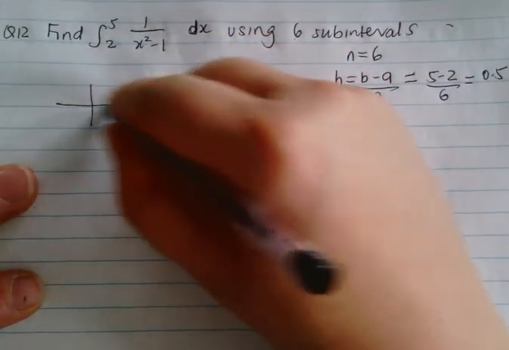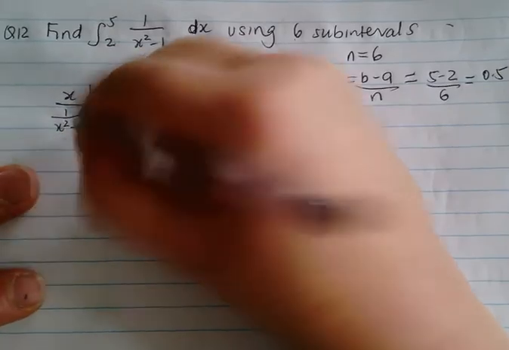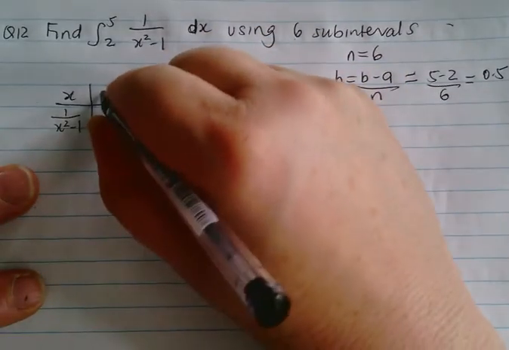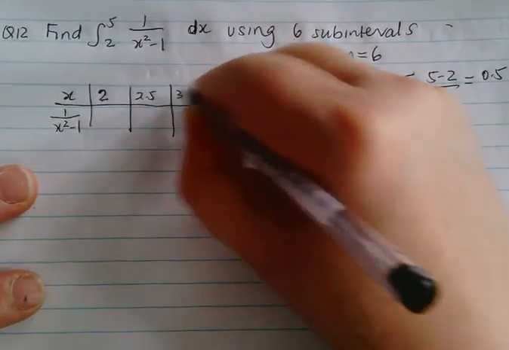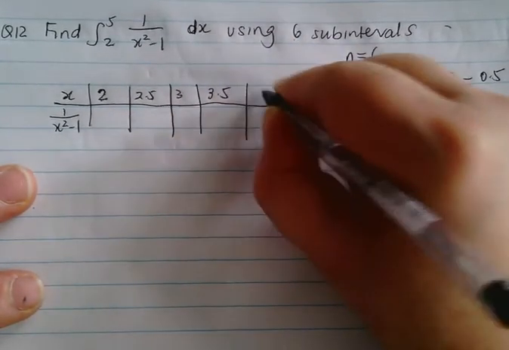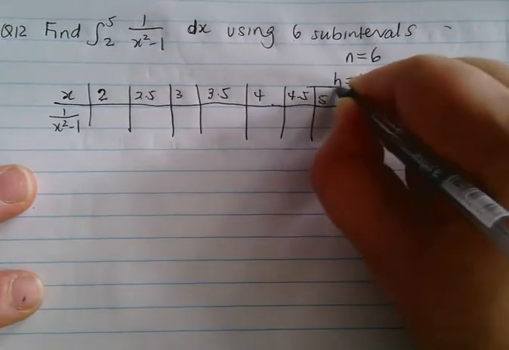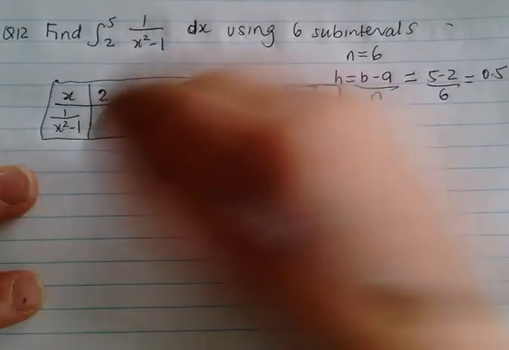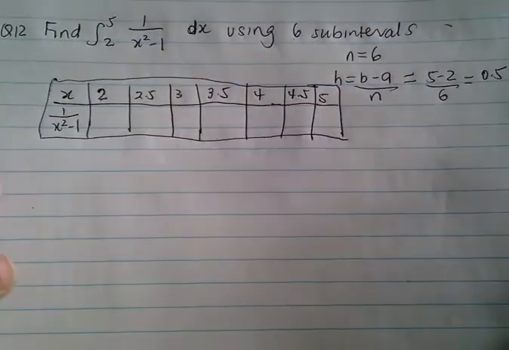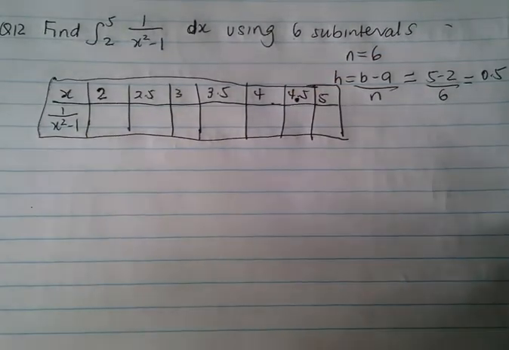So draw up your table, x and your function of x, or 1 over x squared minus 1. And then your first value is 2, and it goes up by halves: 2.5, 3, 3.5, 4, 4.5, and 5. In some questions you already have the table, but in others you have to draw up the table. So you want to work out all your values, okay?